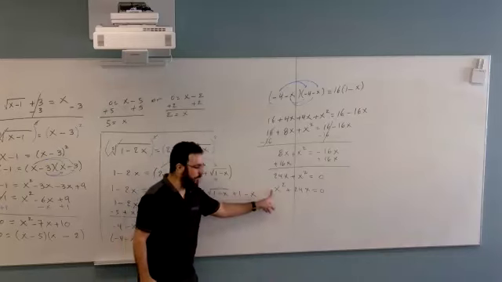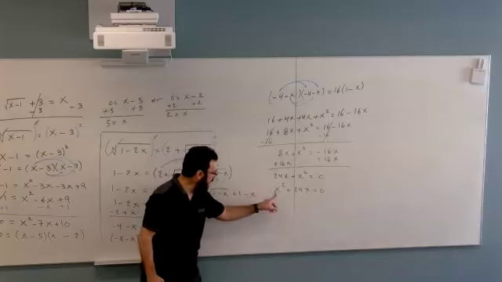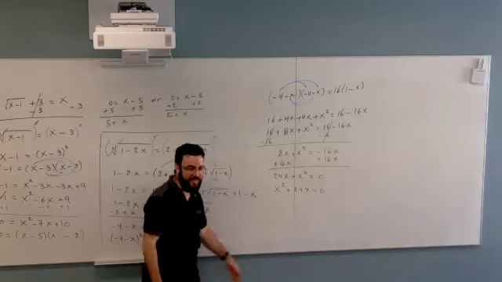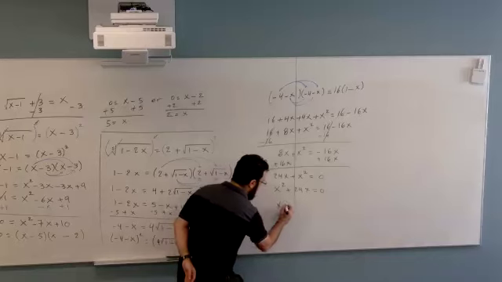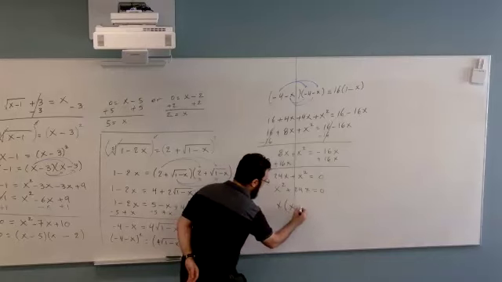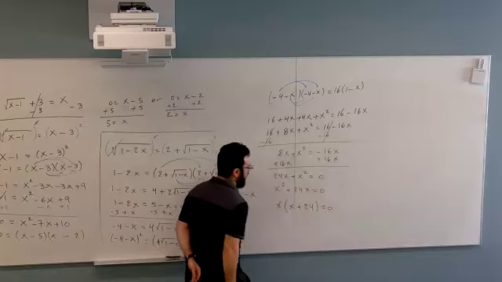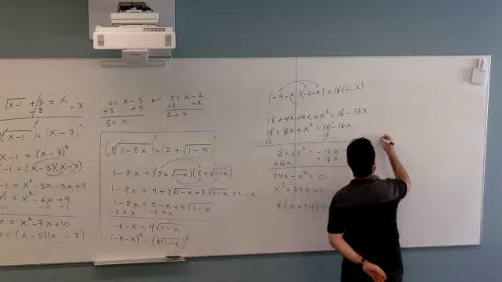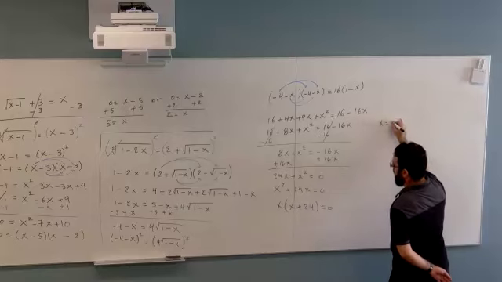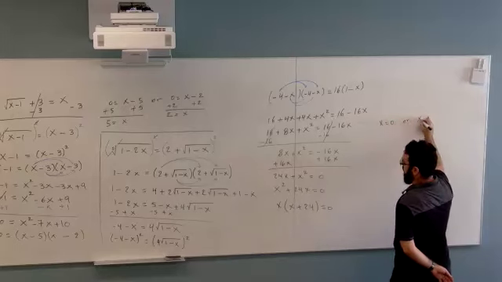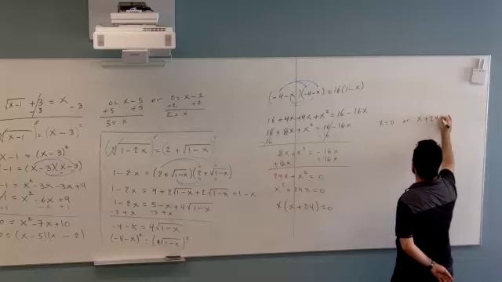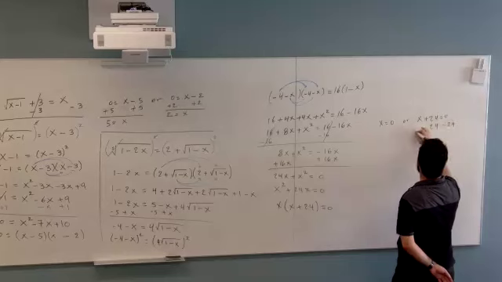There's no 4 here. What's the common factor between x squared and x? So x, and what's left? x plus 24 equals 0. Now we have 2 solutions. x equals 0 or x plus 24 equals 0. Subtract 24 from both sides. So x is going to be negative 24.